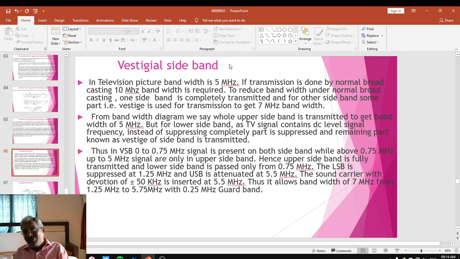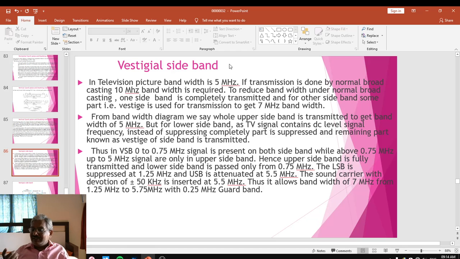If SSB is used, some DC level frequencies containing the picture information may get washed out. That's why in vestigial sideband, the upper sideband is completely transmitted, which is 5 MHz.